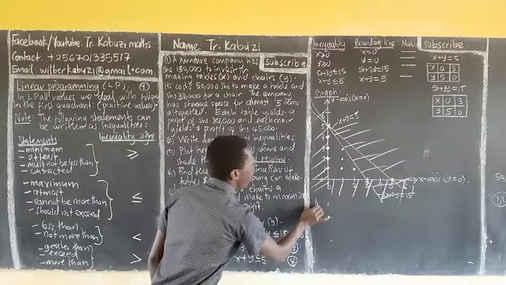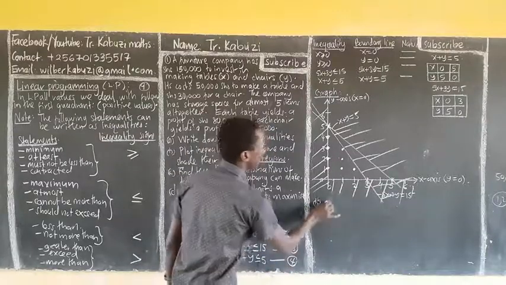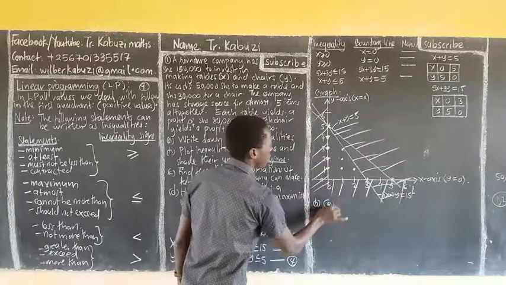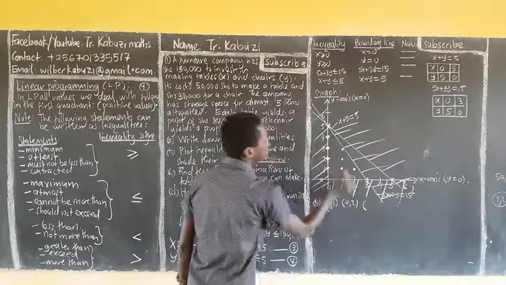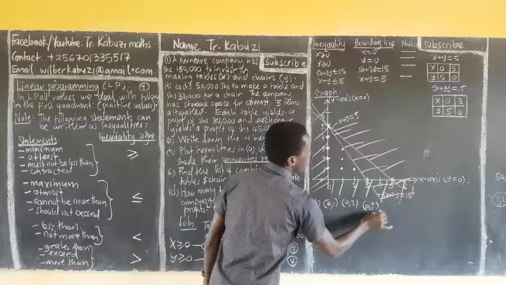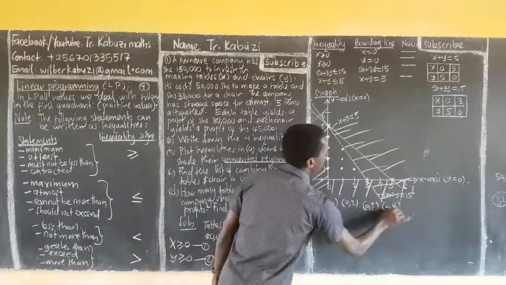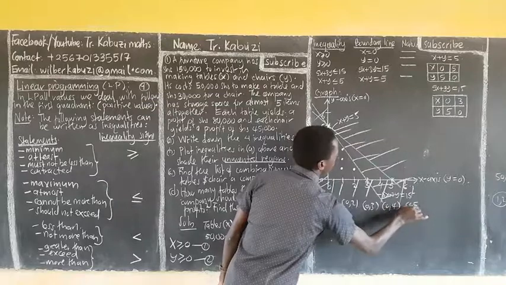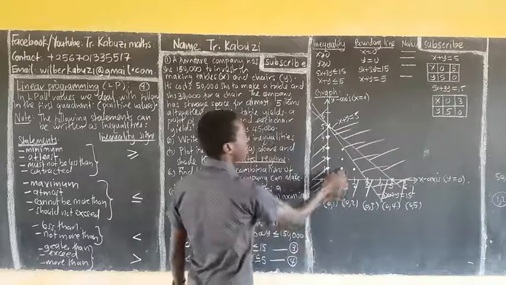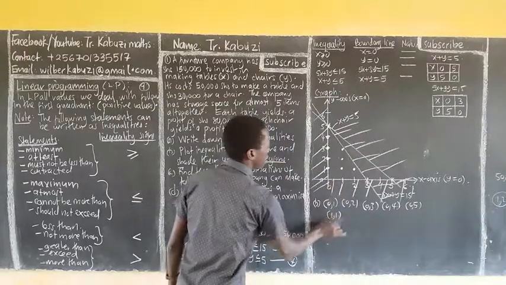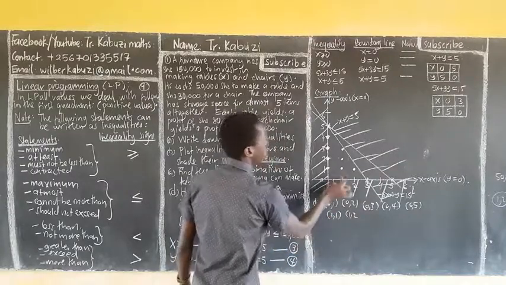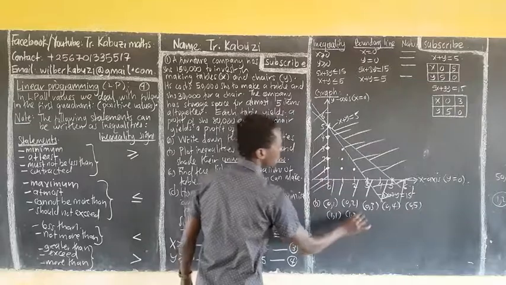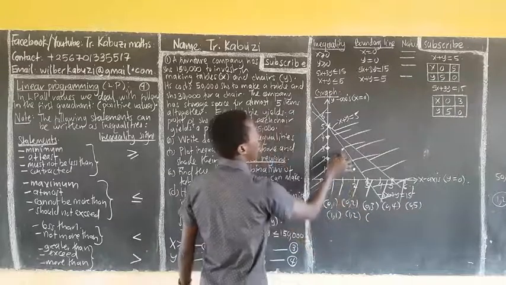Then we can also be having 2, 1, then you see those are the only points. So if I'm to answer now part B, the points are going to be 0, 1, 0, 2, 0, 3, 0, 4, and 0, 5. Then we come to 1, 1, 1, 2, then 1, 3.